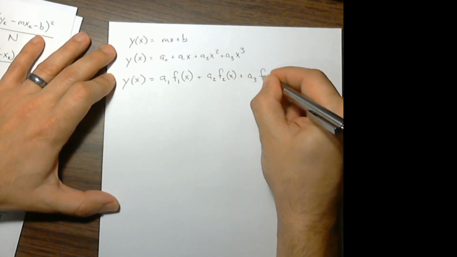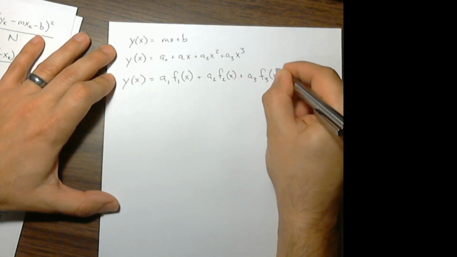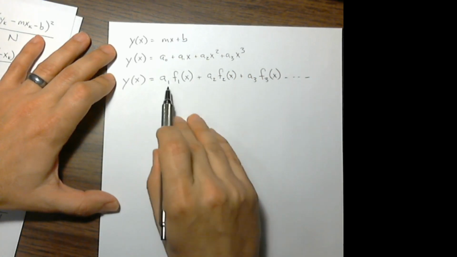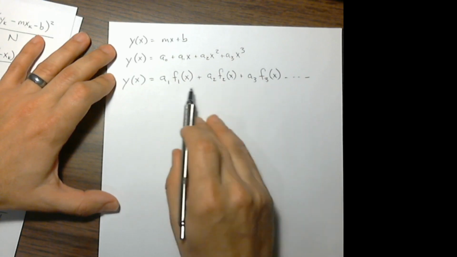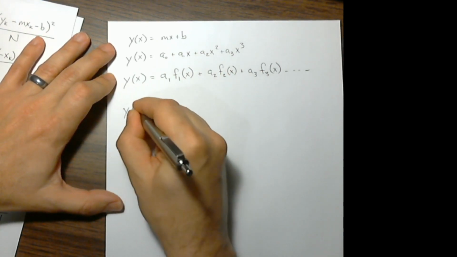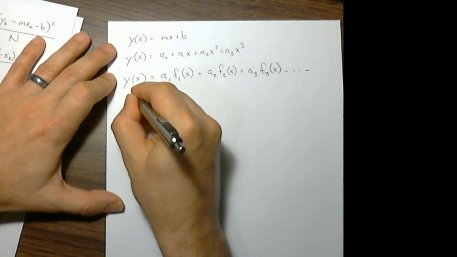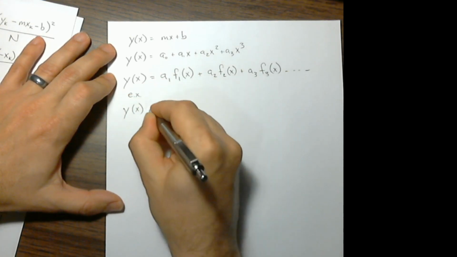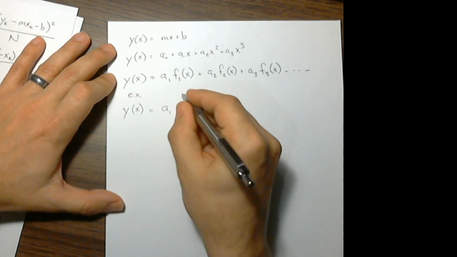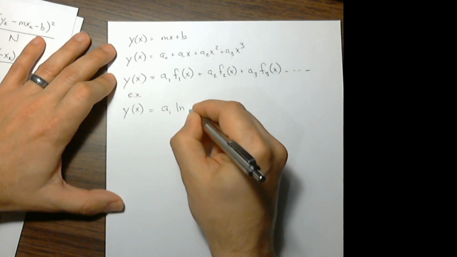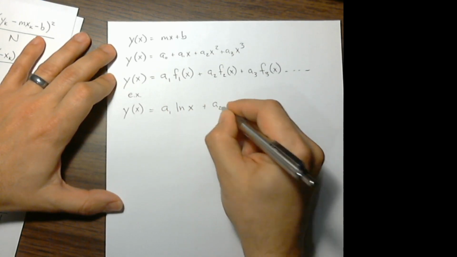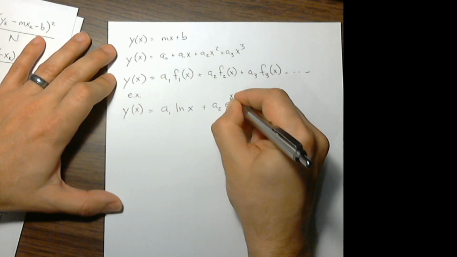And you can have any number of these, any number of weird functions you want. These f's could be anything. We could have, for example, a1 times the natural log of x. We could have a2 times an exponent of x.